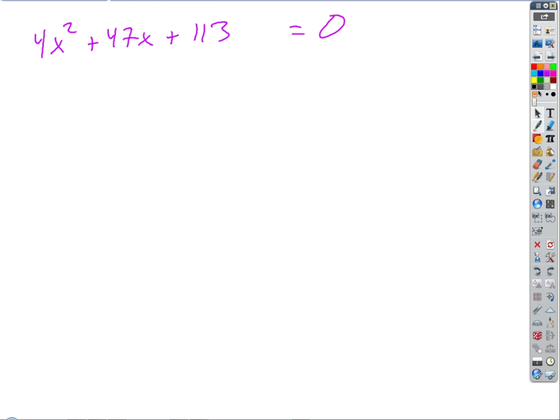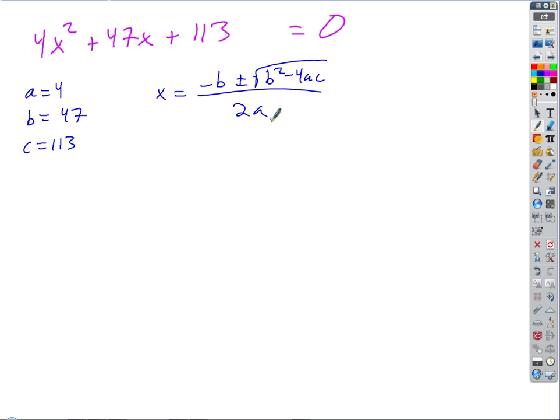And so applying the quadratic formula, we know a is 4, b is 47, c is 113, and we get, remember, x equals negative b plus or minus the square root of b squared minus 4ac over 2a. Well, let's check the discriminant first, the sign of the discriminant, to just see if we're going to get a positive or a negative value. Okay, and if we do that, I'm just going to use my calculator here.